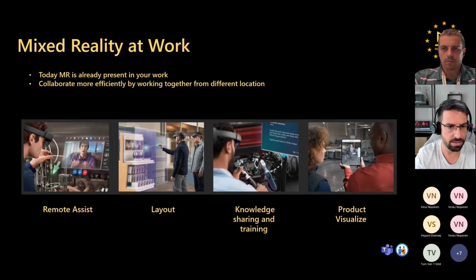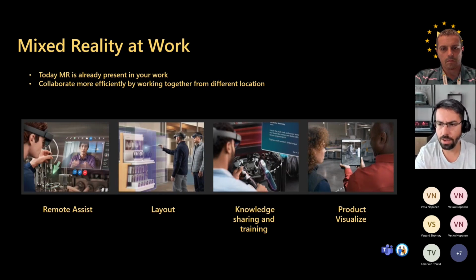In this image, we can see an example of an employee that needs to change something inside a physical machine, and by using a headset and mixed reality, we can assist the daily work. Or, of course, we can use mixed reality to represent a virtual product inside the physical world.